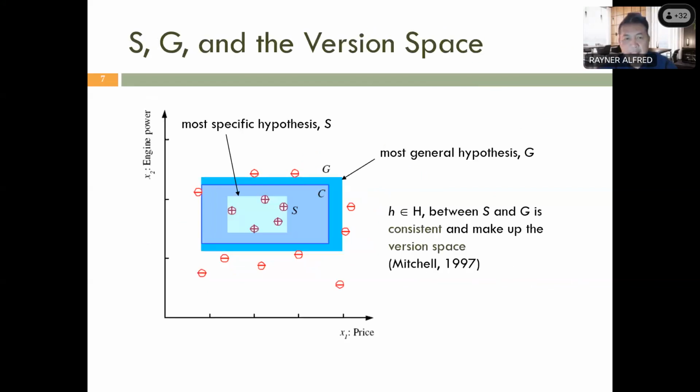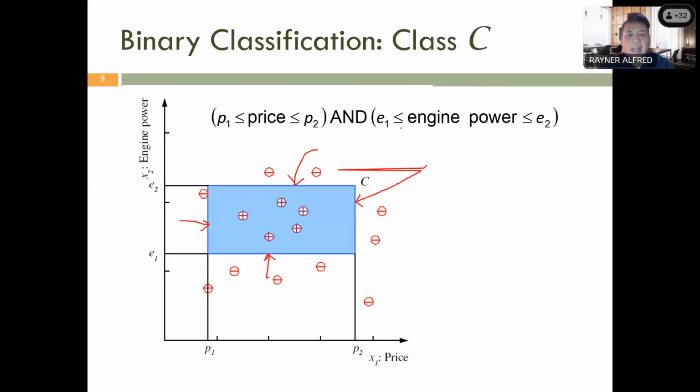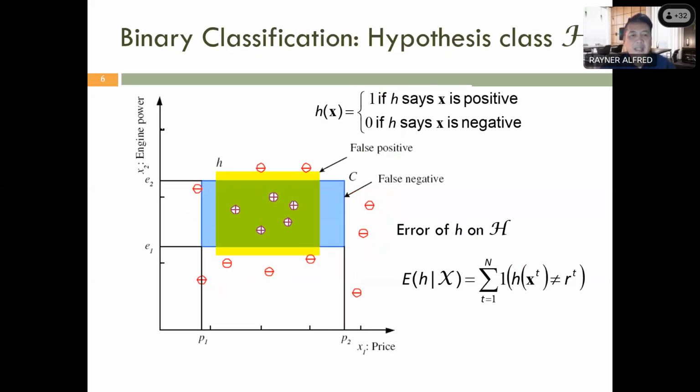Let's suppose this is the actual area that covers the positive, but when we perform the modeling, the yellow one is what the model is trying to say. Based on this, the hypothesis for class H is around the yellow boxes.